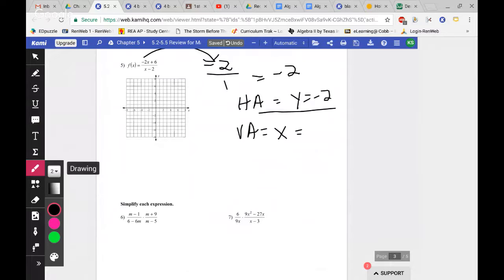So for the vertical asymptote, it's whatever makes the denominator 0, which is going to be 2. So I have a horizontal asymptote of -2 and a vertical asymptote of 2.